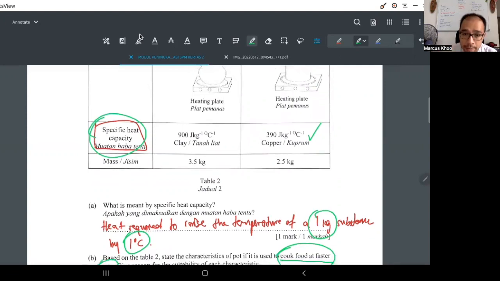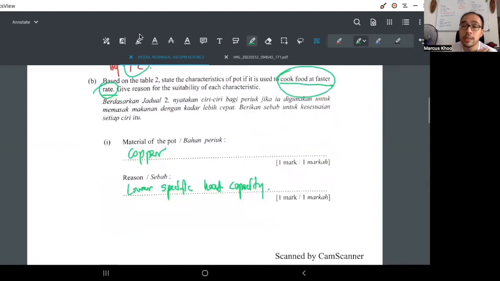So if you can remember, better to use lower specific heat capacity rather than the words get hotter faster, or cook the food faster. I think if it's me, I will not accept lah. Okay, because I feel that the lower specific capacity is very obvious. The answer is there. So you try to use as much physics as you can in a physics paper.